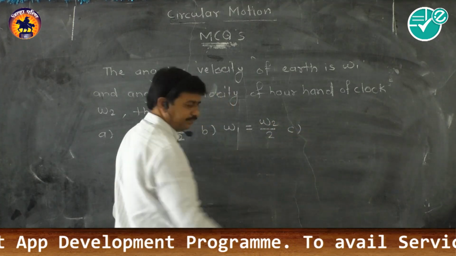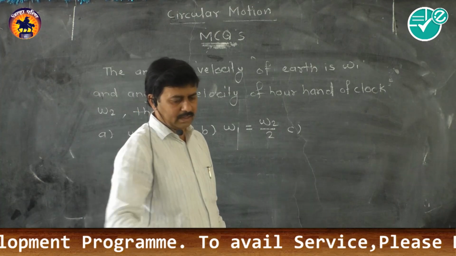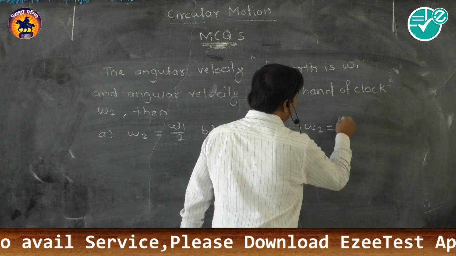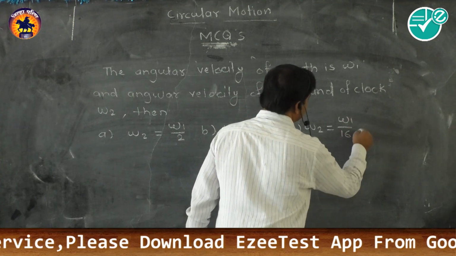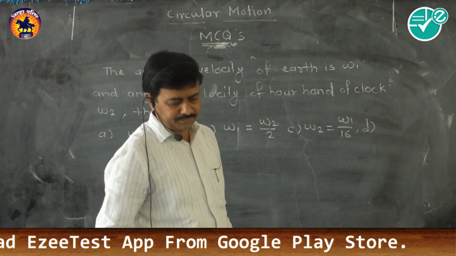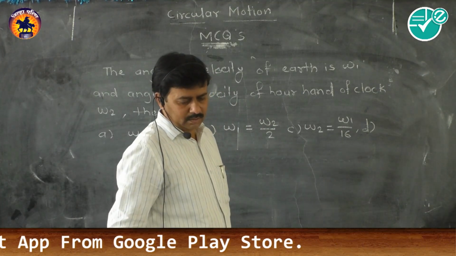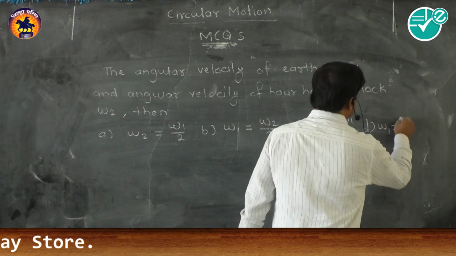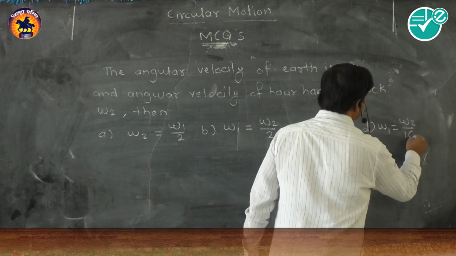Option C, omega 2 is equal to omega 1 upon 16. And option D, omega 1 is equal to omega 2 upon 16.